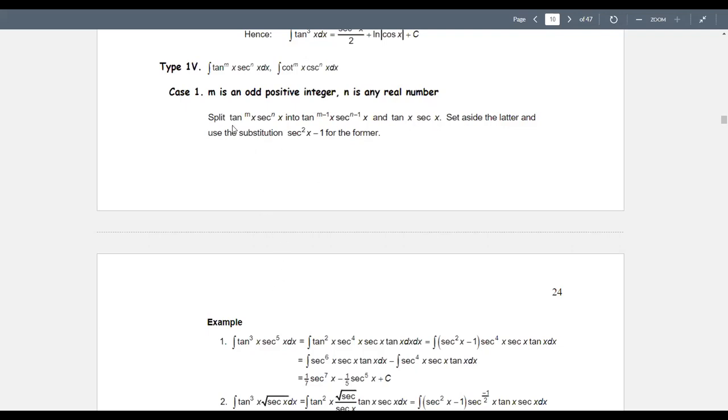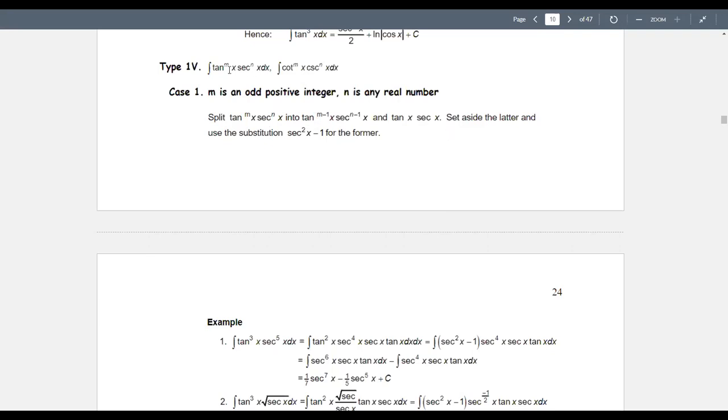Split. You split tangent of mx secant nx into tangent of (m minus 1)x and secant of (n minus 1)x and tangent x secant x. Again, split the tangent of mx and secant nx into tangent of (m minus 1)x and secant of (n minus 1)x and the tangent x secant x.